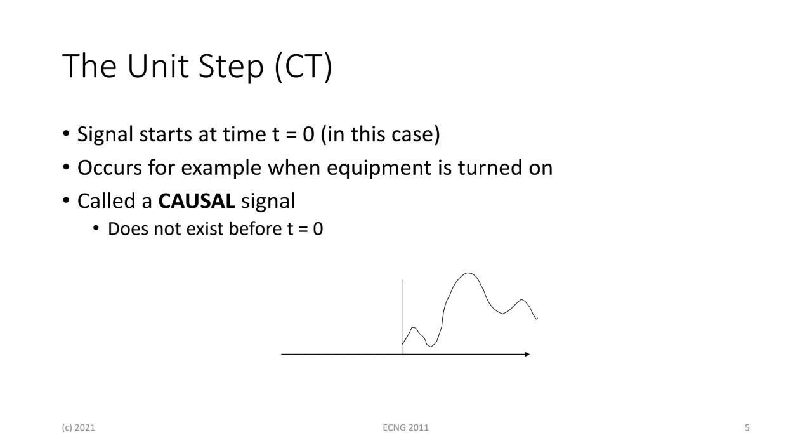If you meet the thing working, then you're not too sure exactly how did it get there? Right? And without knowing how it got there, it's kind of difficult to predict what it's going to do next. So in engineering circles, we love causal signals. There are signals that do not exist before t equal to 0. And t equal to 0 is generally you, the human being, your observation time. When did I start to look at this thing?